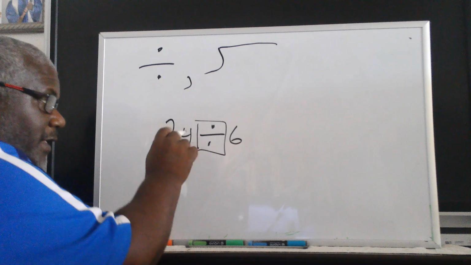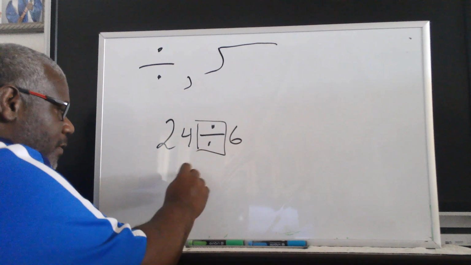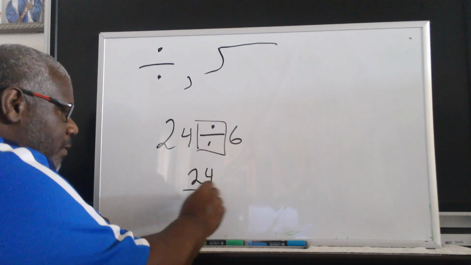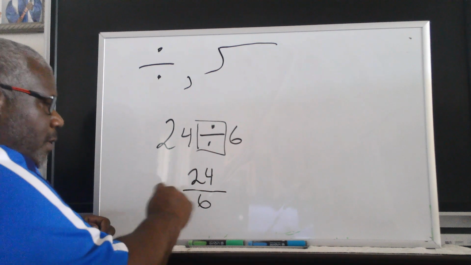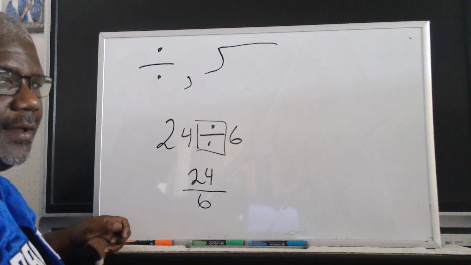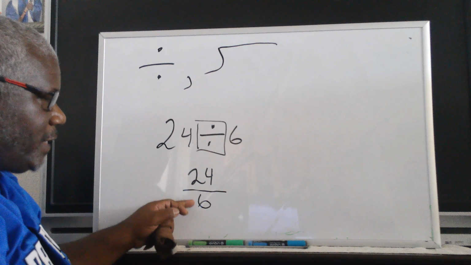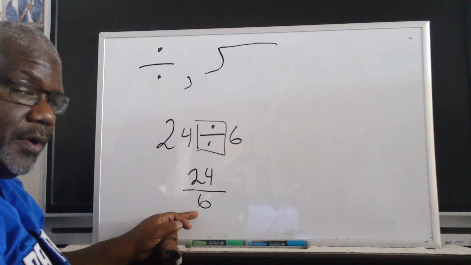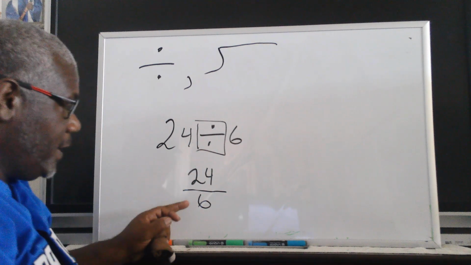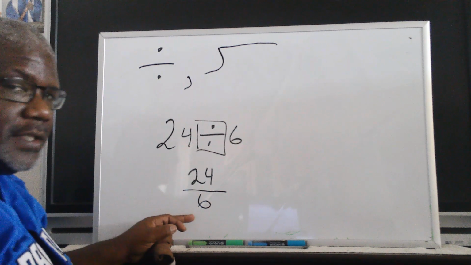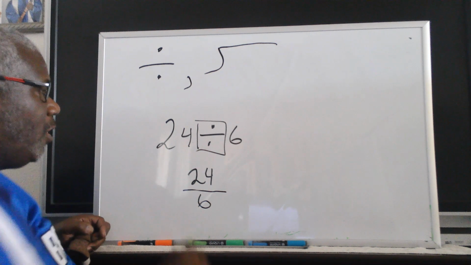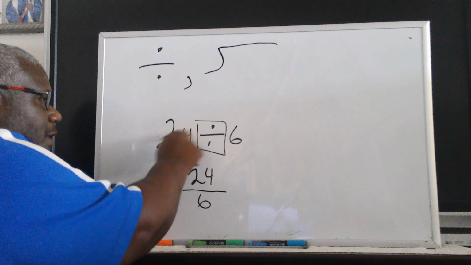But you will also see this written this way. This is called a fraction. Well, if you study math a little bit, you could say it's an improper fraction because the number on top is bigger than the number on the bottom. But the reality is there's nothing wrong with this number. It's a division problem. All you did was you took this number and placed it on top.